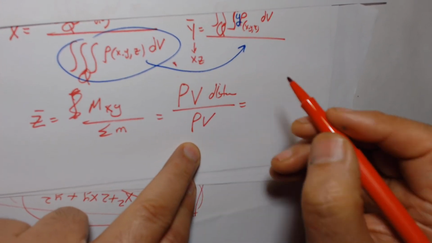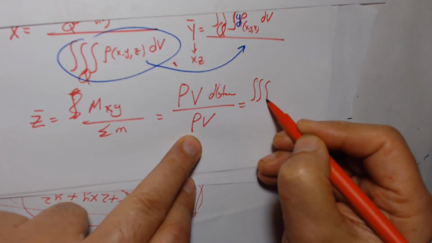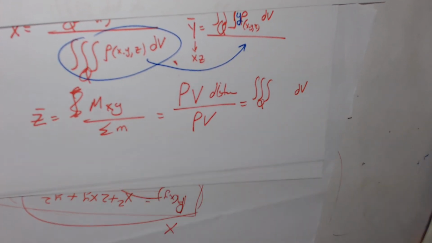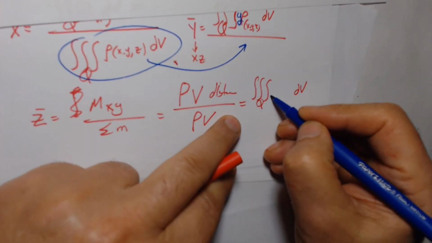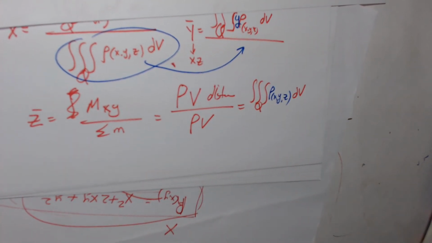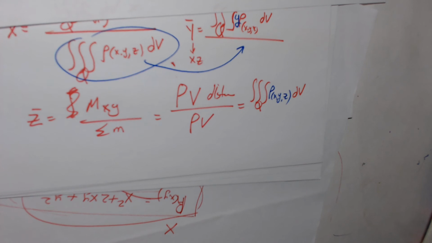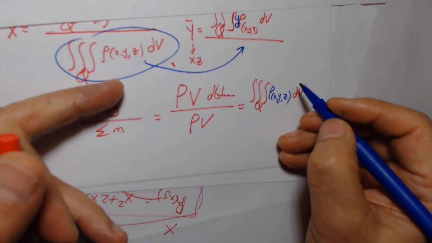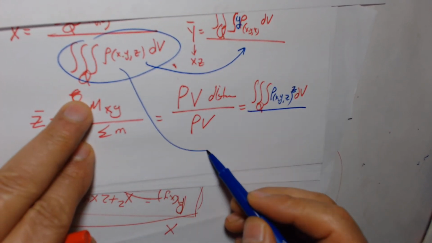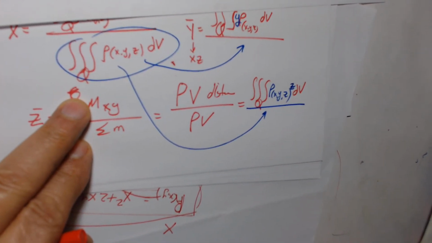What is the volume? It's a triple integral over the solid dv. What is your rho? Rho is maybe not going to be uniform. But what is the distance from xy? That distance is called a z. Over the same thing you had over here, that becomes your mass.